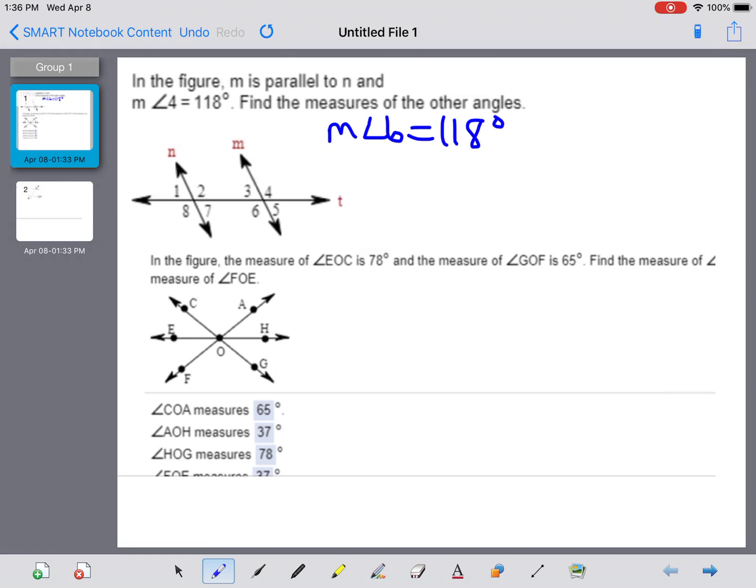So if the measure of angle 4 is 118, then the measure of angle 3 is 118 from 180. So subtract 180 minus 118, and that gives us 62 degrees.